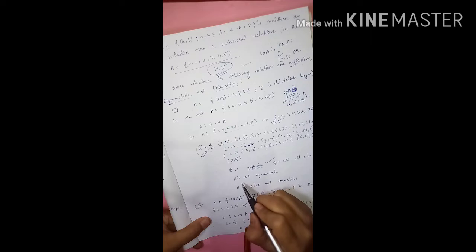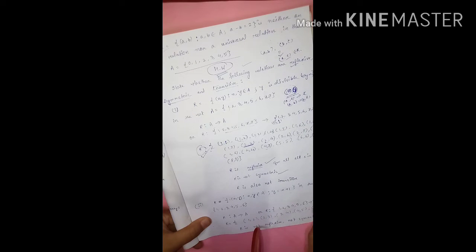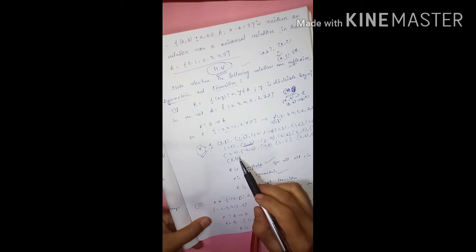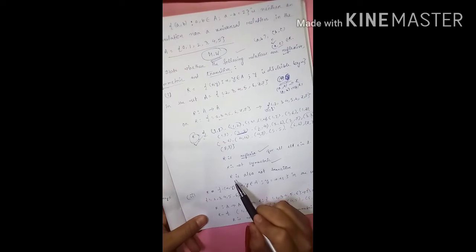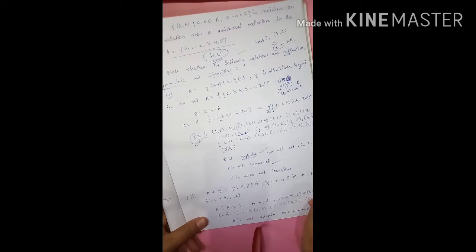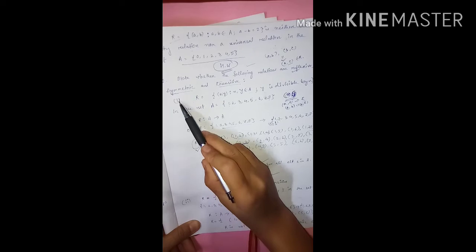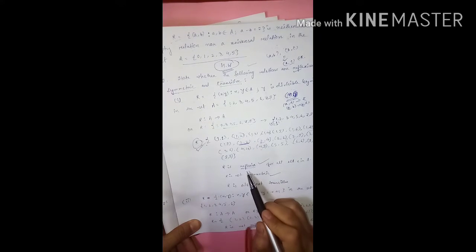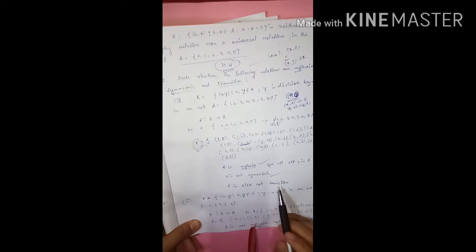Therefore, R cannot be symmetric. Similarly, if we check the transitivity, you will find R is not transitive. So the first question is reflexive only. This is not symmetric nor transitive.